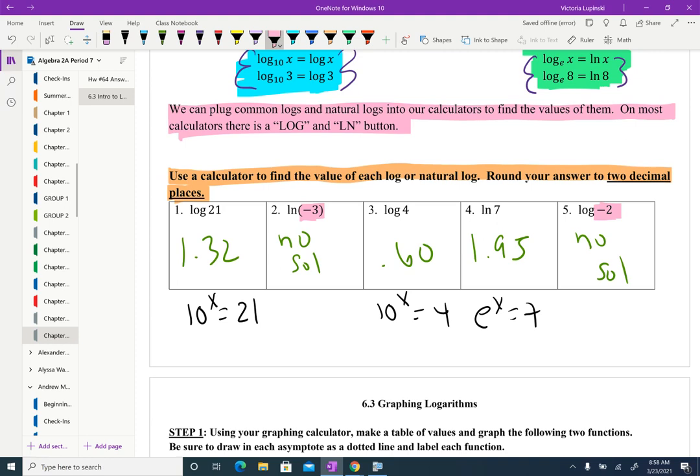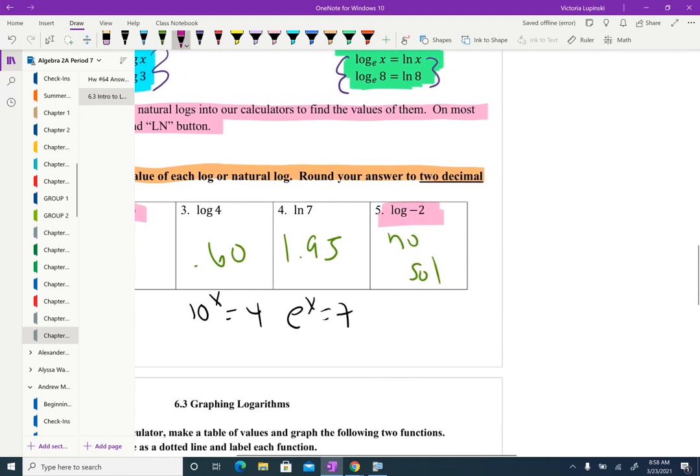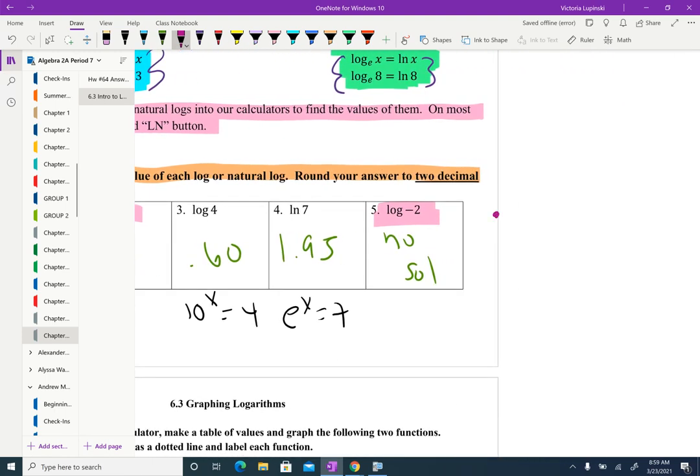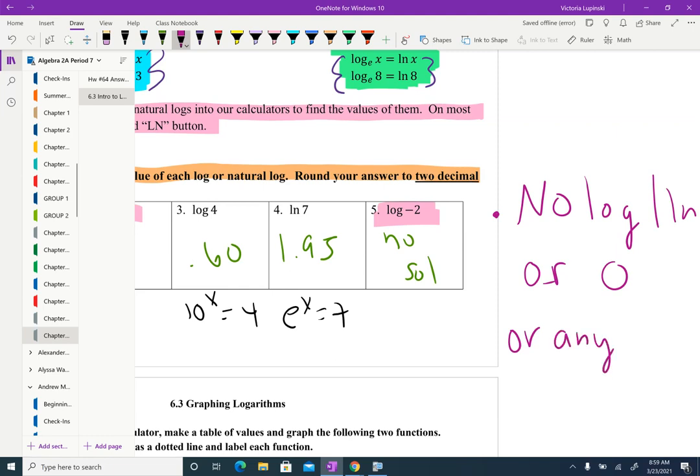Finally, if we take a look at what happened here in the pink, something that is going to be true now and forever is that there are some rules about logarithms. You're going to want to write the following. You are not allowed to take the log of the following: no log or natural log of 0 or any negative.